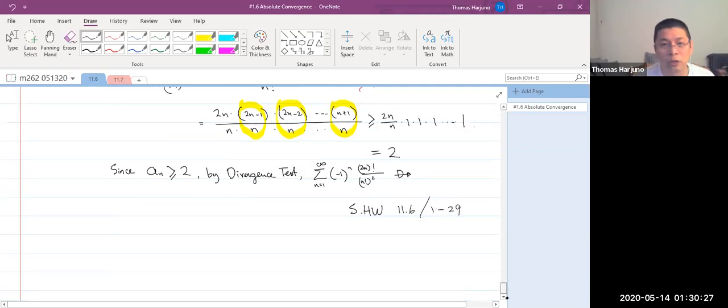But let's say I work on number 32. A series a sub n from 1 to infinity is defined by the equation: the first term is 1 and the next term is (2 plus cosine n) over square root of n times the previous term.